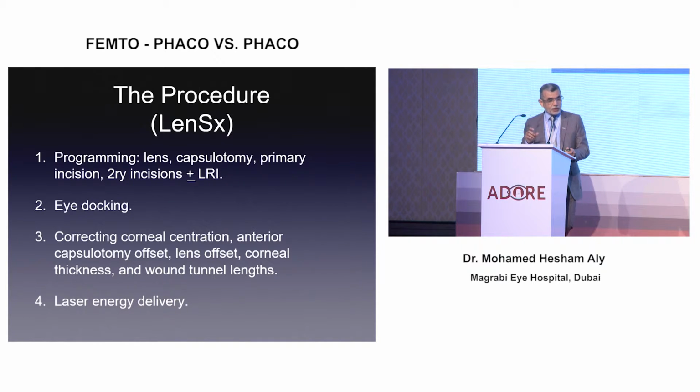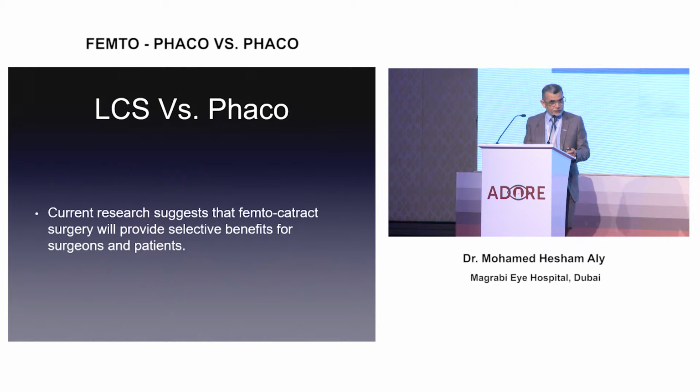Then we have the eye docking, which is just similar to the refractive eye docking. We have to center the cornea so we'll have a central rhexis and a proper wound at the proper site. And then we have the laser energy delivery.